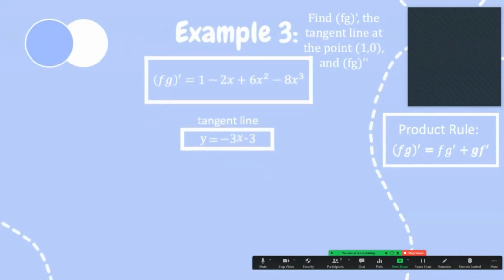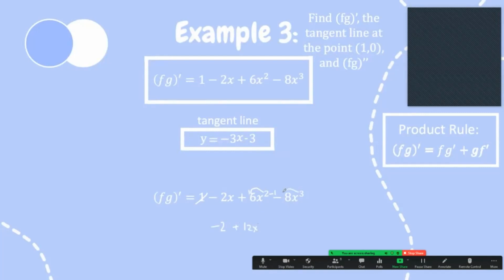Okay, now for our final part, we have to take the derivative. Now this is just a simple derivative. Again, constants go to 0. That just becomes negative 2. That becomes 12x.